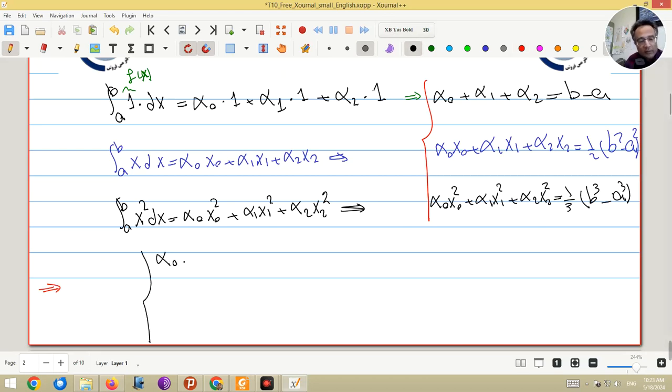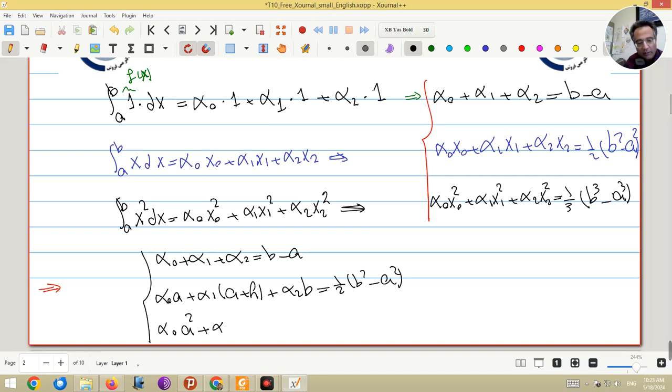What's the new one? This is alpha 0 plus alpha 1 plus alpha 2 is b minus a, no change. But here I will have alpha 0 a plus alpha 1 times, put instead of x1, a plus h, plus alpha 2 b equal to half b squared minus a squared, and also here alpha 0 a squared plus alpha 1 times a plus h squared plus alpha 2 b squared is 1/3 b cube minus a cube.